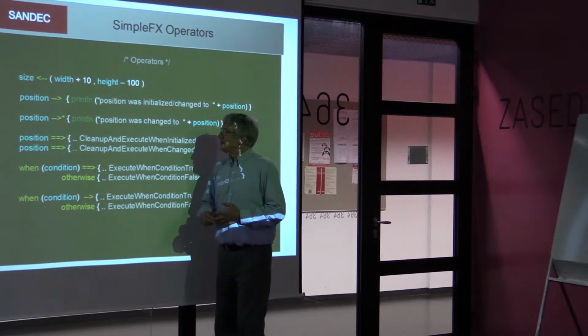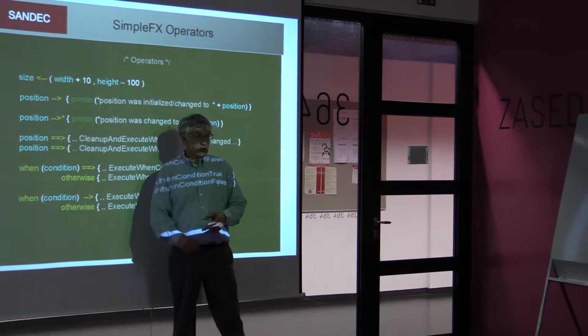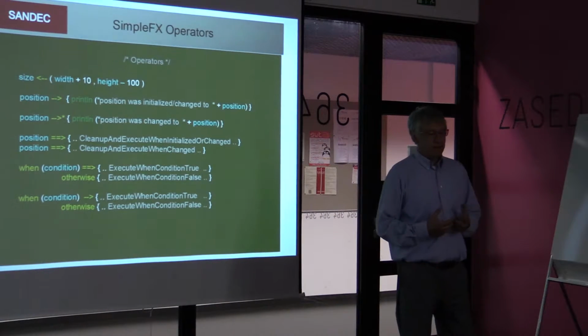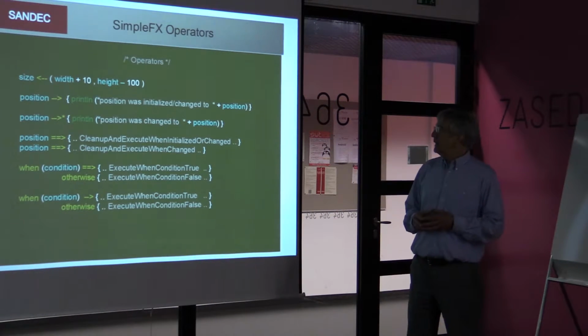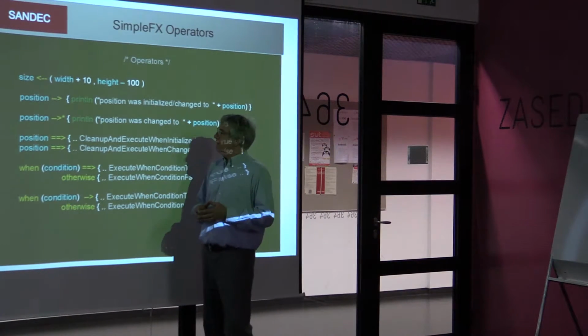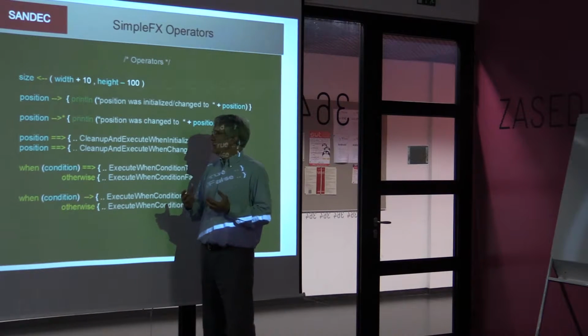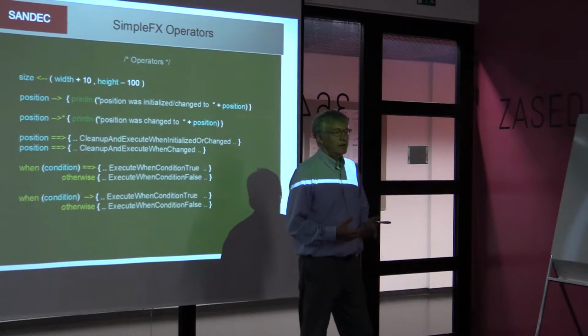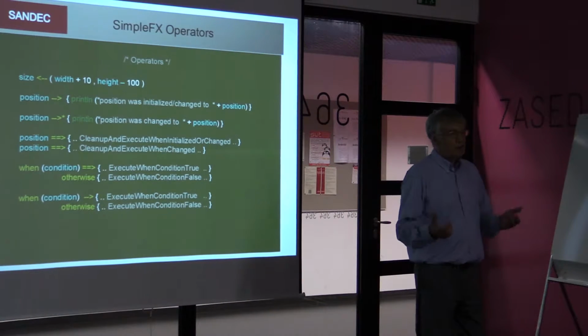Then we have what we call an imply operator, which is a bit sophisticated. This one is very useful in situations where, in this expression, you allocate some resources. Those could be disposers, for instance.